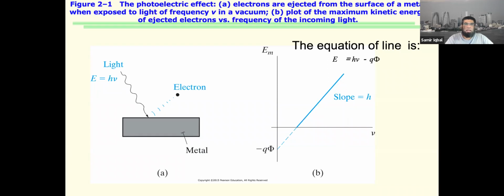Now, q phi is an energy, right? Q phi is a relationship for energy. Now, this energy is what you would require to keep on applying until we get light out of that material.